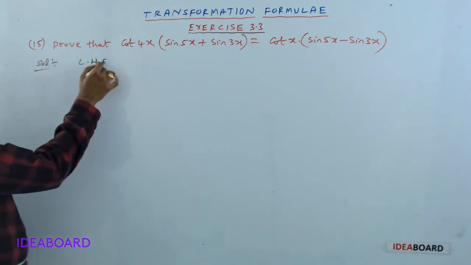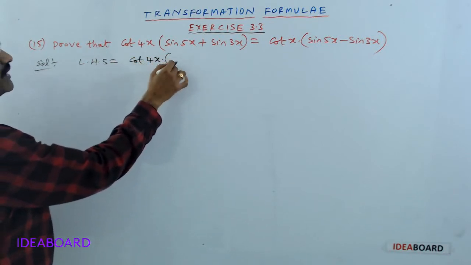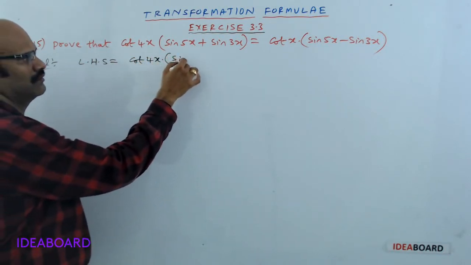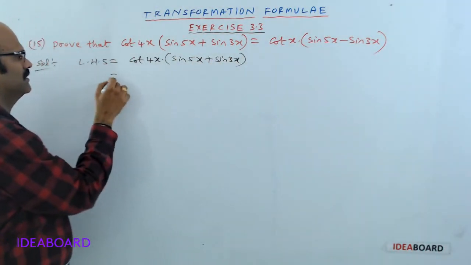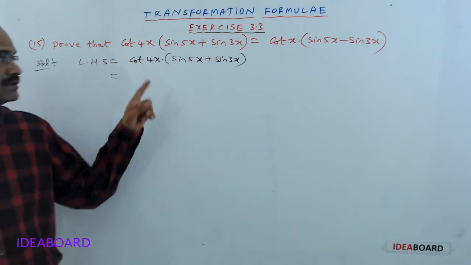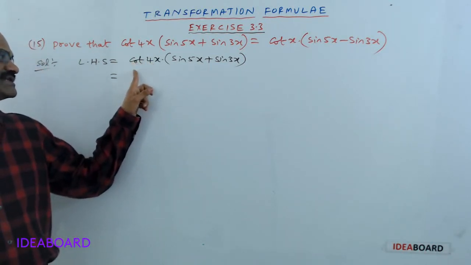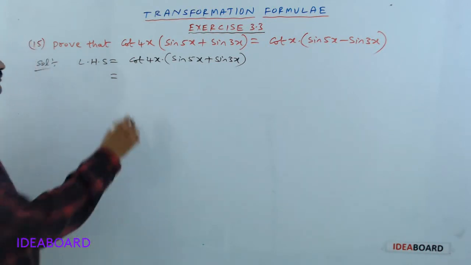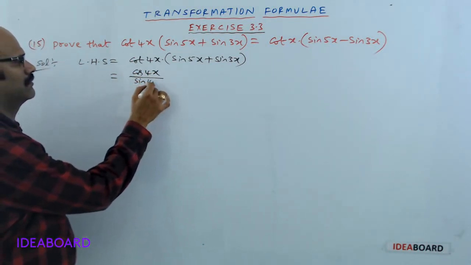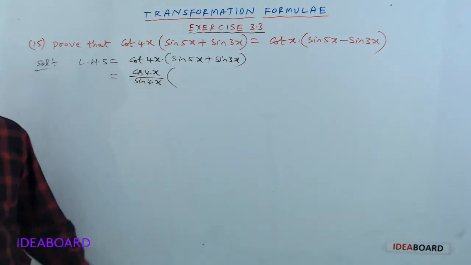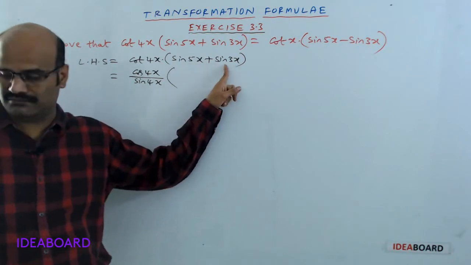Solution. LHS equal to cot 4x into (sin 5x plus sin 3x). Now here we can take cot 4x equal to cos 4x by sin 4x, into sin 5x plus sin 3x. It's in the form of sin c plus sin d.